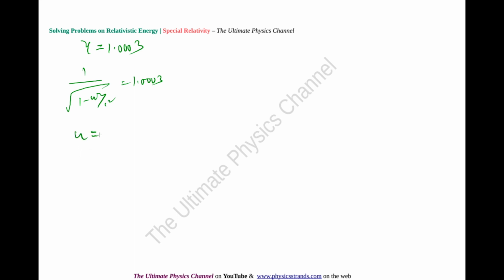Therefore, if you work out u, you get 2.4 times 10 to the power minus 2 times the velocity of light c. This is the speed of the proton whose kinetic energy is the same as that of an electron traveling at 0.75c. Because of the increased mass of the proton, you can see that its speed is slowing down.